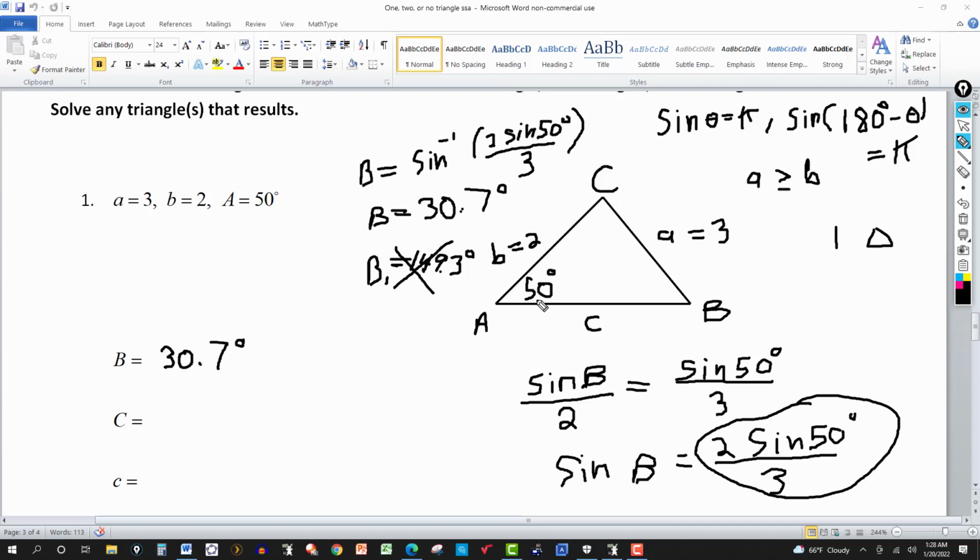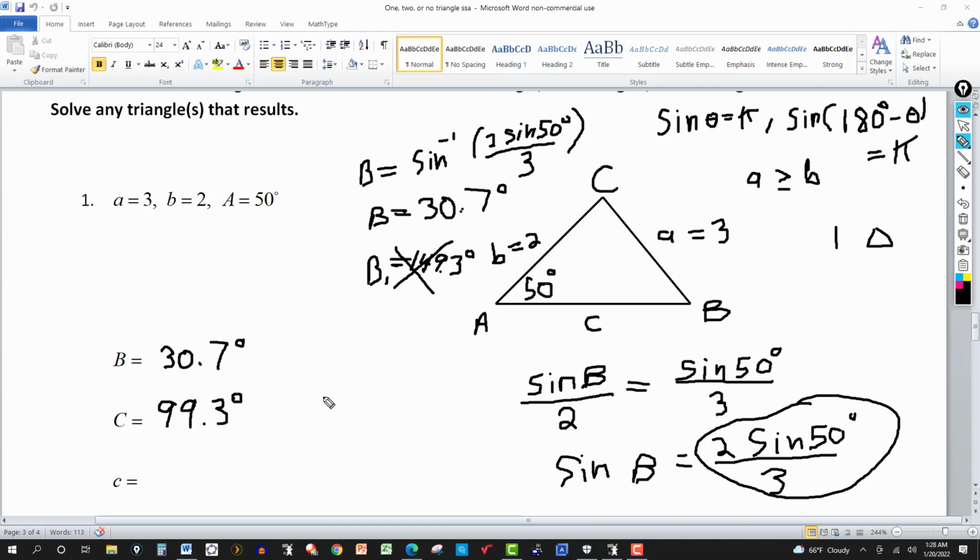It's 80.7. Subtract that from 180. And angle C is 99.3 degrees. Now what do we need? What's missing? Well, we need side C.